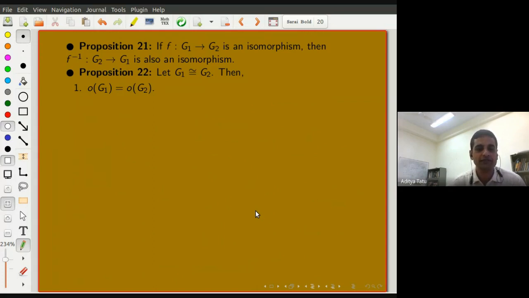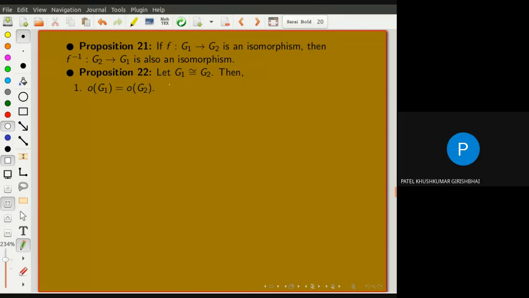So the first thing, which is sort of obvious: if I have two groups G1 and G2 which are isomorphic, then the order of group 1 and the order of group 2 have to be the same. Is that clear to everyone? Yes, sir.